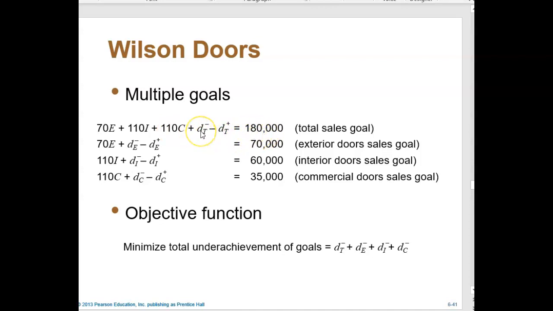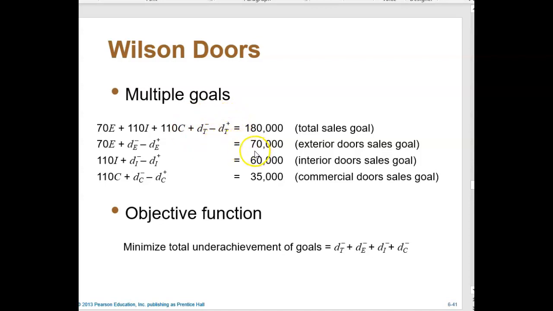So this is similar to saying if you set your midterm exam score goal to 85 out of 100, and your actual score is 83, then you have to add the deviation variable of 2 to it to get to the goal of 85. So that's the reasoning behind adding the negative deviation and subtracting the positive deviation.